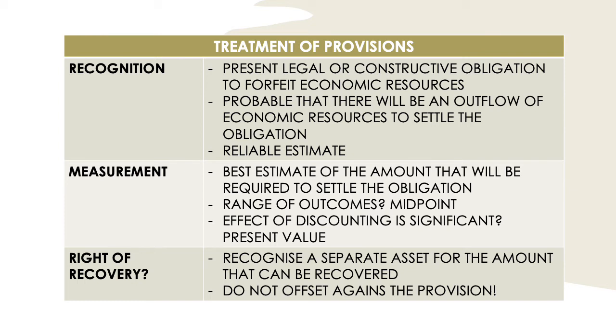You have to recognize a separate asset for the amount that can be recovered. And then, of course, the amount that you will recover will be limited to the provision. So the separate asset cannot exceed the amount of the provision, which is recognized as a liability.